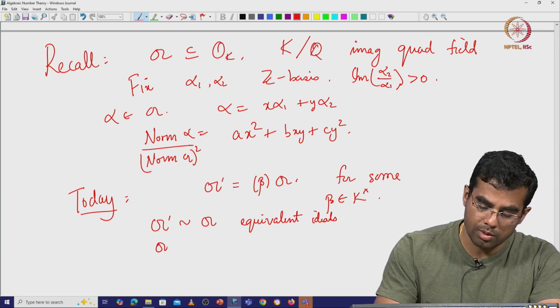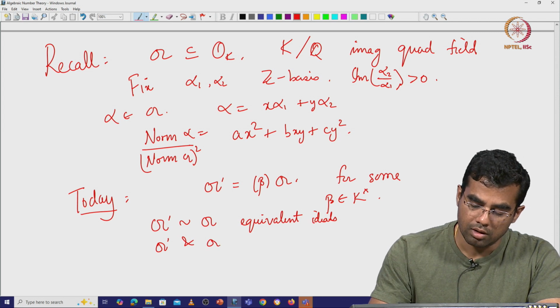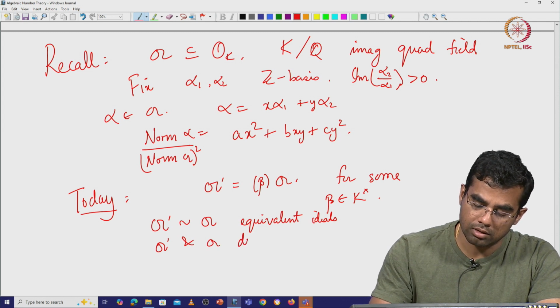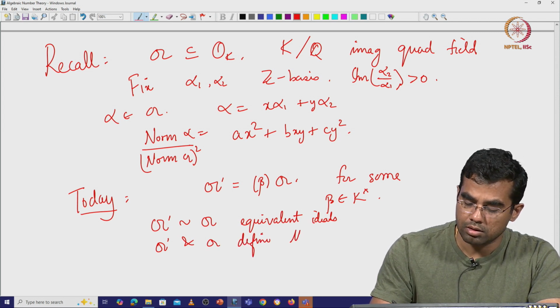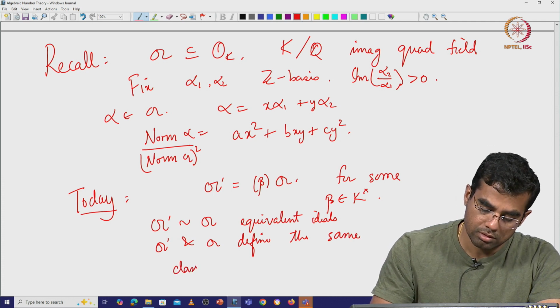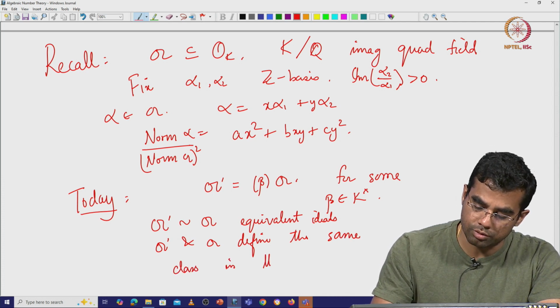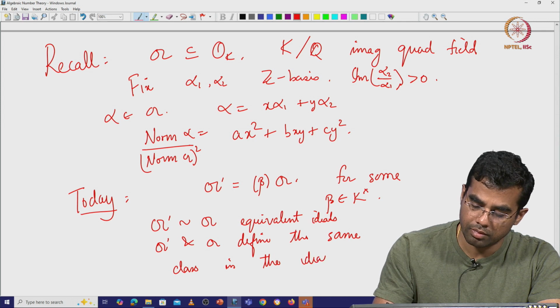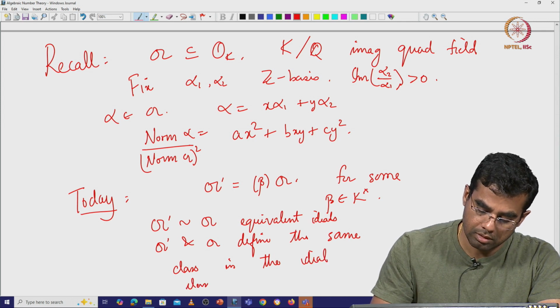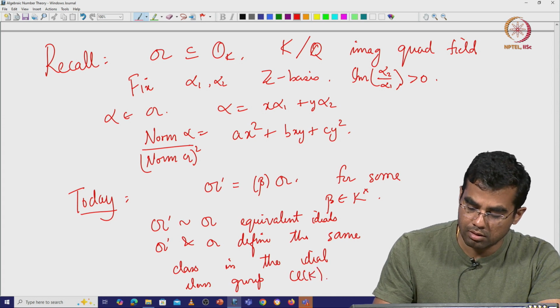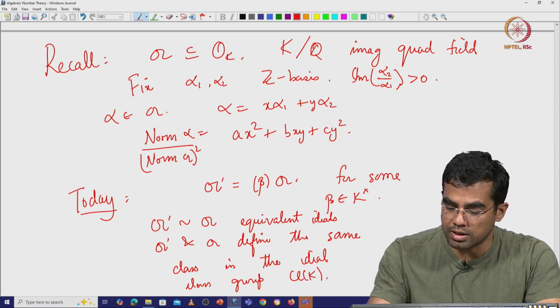This means that A prime and A define the same class in the ideal class group CL of K, right. So, what happens then?